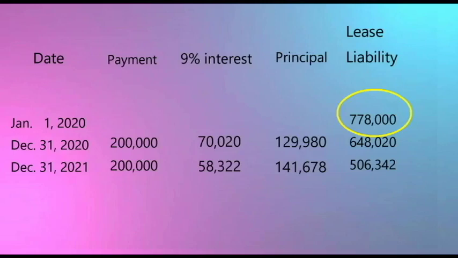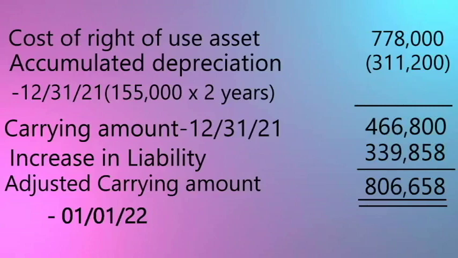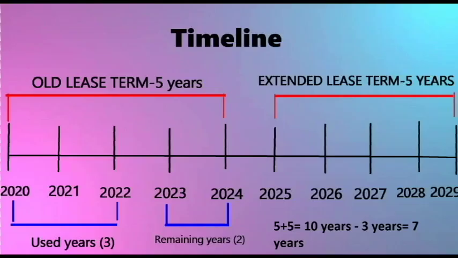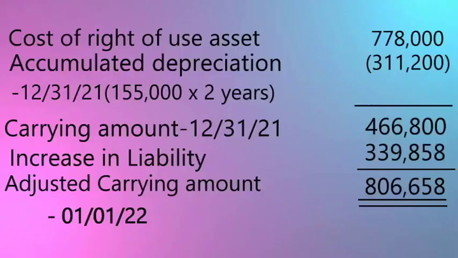Tapos, ililas natin yung accumulated depreciation as of December 31, 2021 na 155,600 times 2 years. So, bakit 2 years? Since 2 taon lang naman yung na-consume bago magkaroon ng extension. So, 155,600 times 2 years is equals to 311,200.